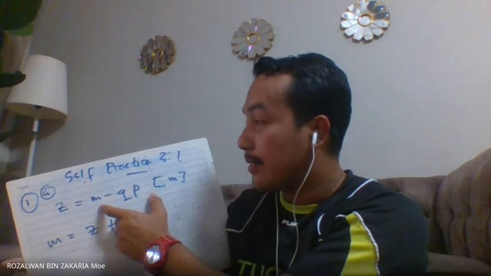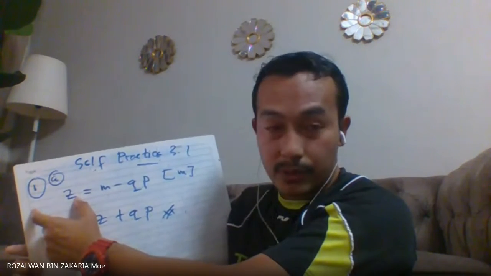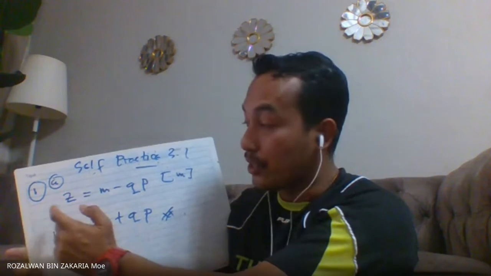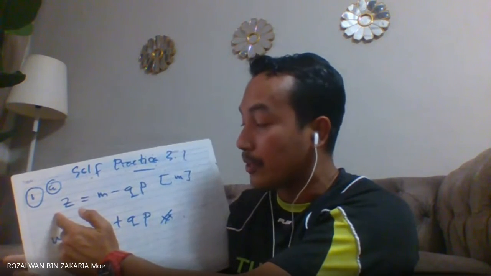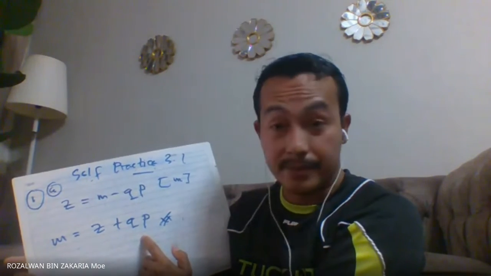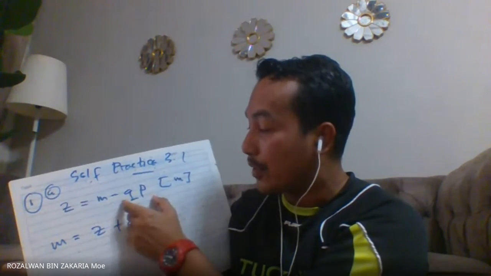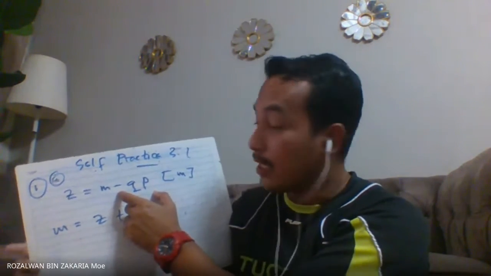When your right side you plus with the QP, your left side also needs to plus with the QP. So this one becomes Z plus QP. That's why the answer is M equal to Z plus QP. Or the simplest way, just remember: M minus QP, this minus QP you need to bring to your left side.